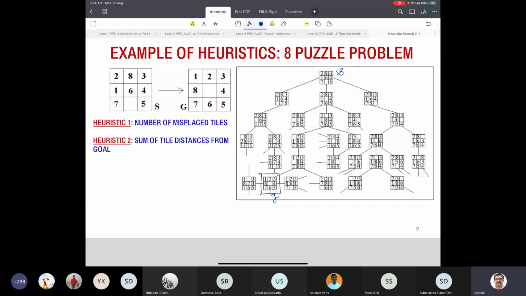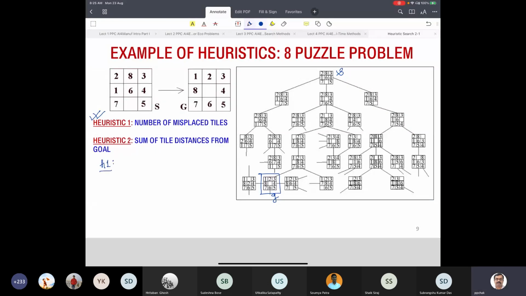an estimate of moving from this state to the goal, one heuristic could be the number of misplaced tiles. That means how many tiles are out of place. For H1, for example, in this case, who is out of place?